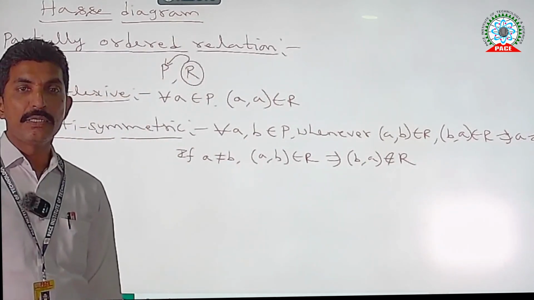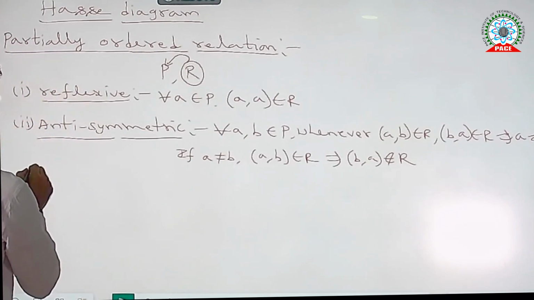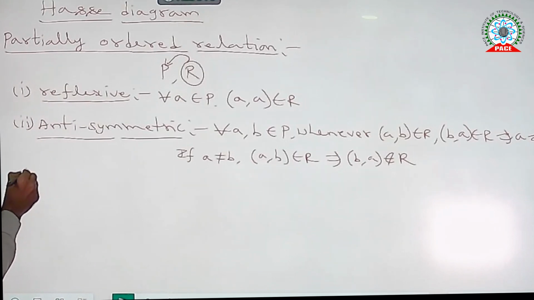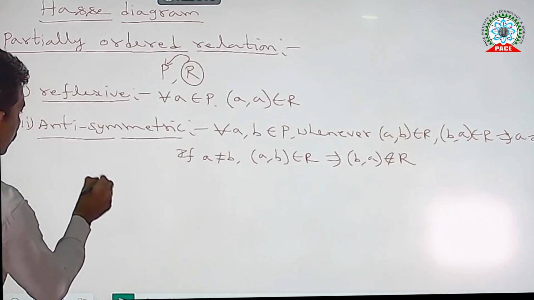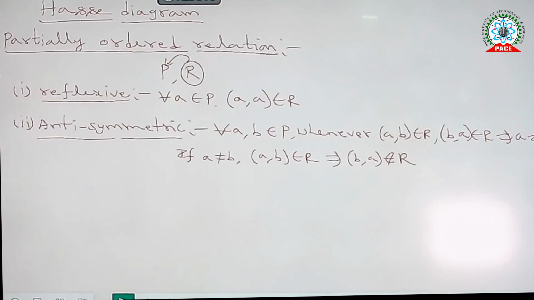Then that property is called the antisymmetric property. Third one is transitive.